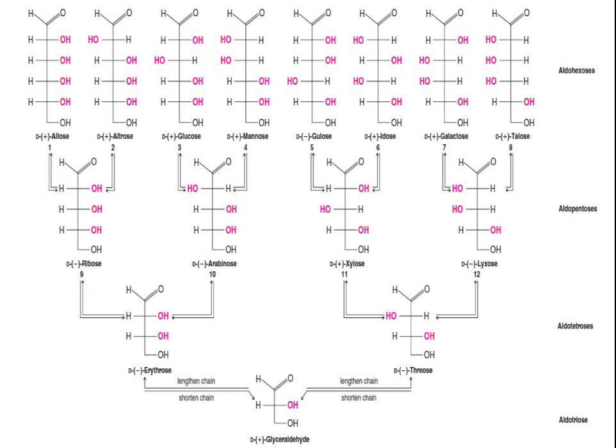This is the entire family tree of the aldohexose. If you start with any one of these 8 pairs, at last you will get the glyceraldehyde if you just go on doing the Ruff degradation.